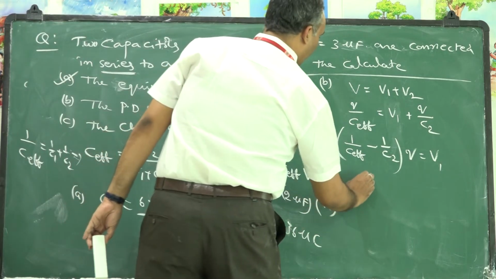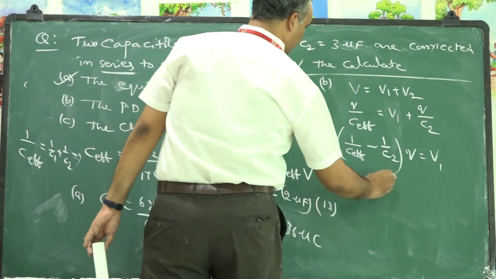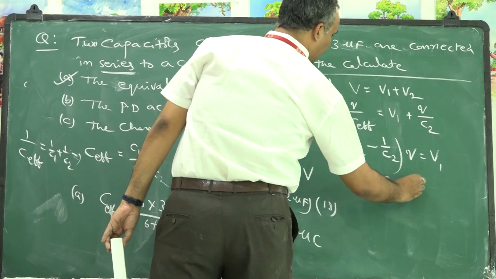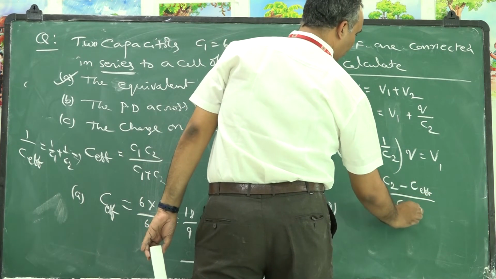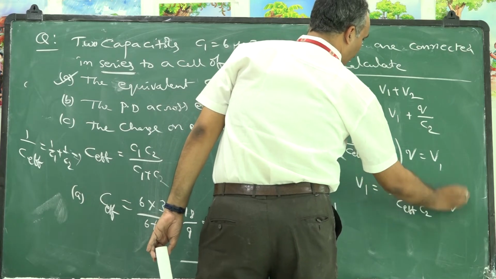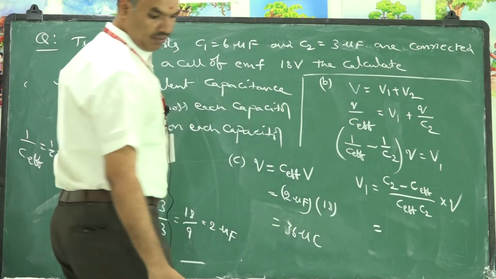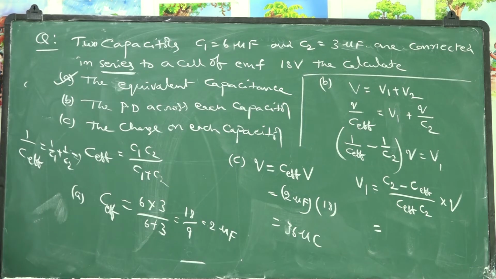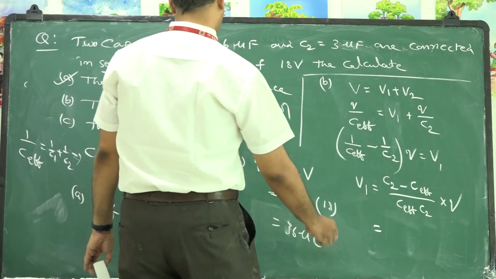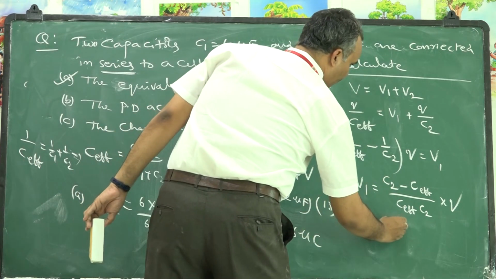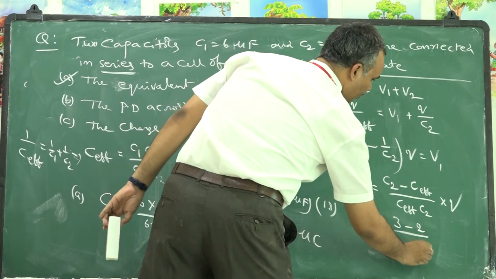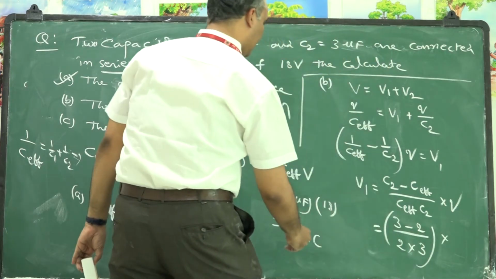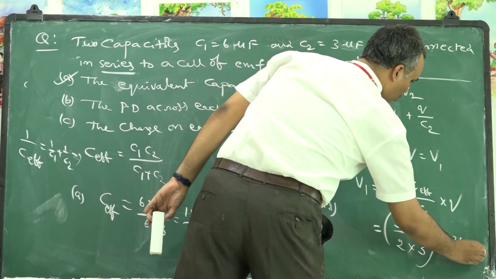Then if you want V1, you should take C2 minus C effective by C effective into C2 into Q. So C2 they gave it as 3 minus C effective is 2 by 2 into 3 into 36 microcoulomb.